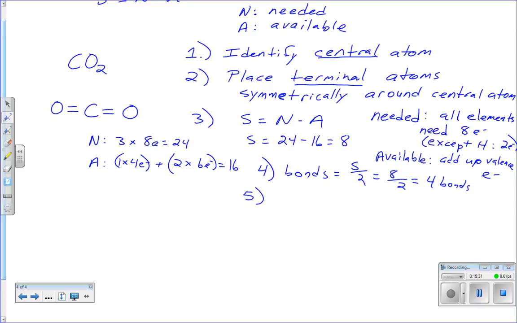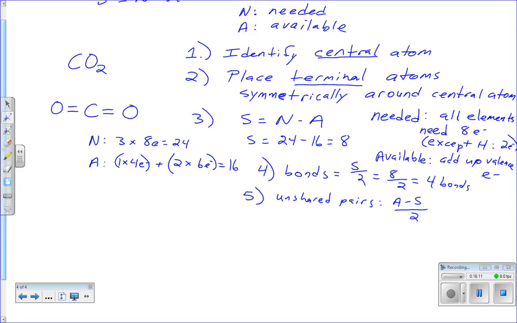Then we need to figure out the unshared pairs. To figure out the unshared pairs of electrons that are going to be left over, we take the number that were available, subtract the number that got shared, that would leave you with the ones that are unshared, and since they come in pairs, we divide that by 2.